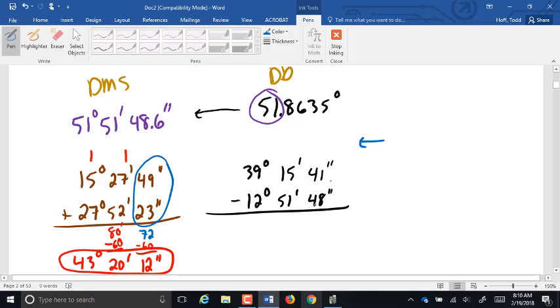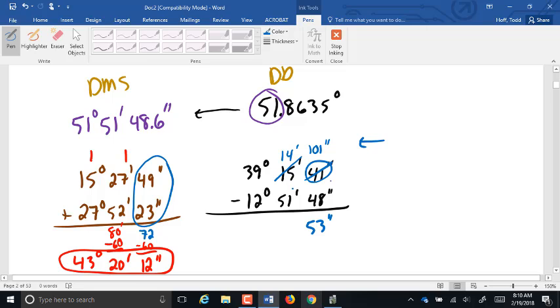Here I have 41 minus 48, can't be done, so I need to borrow from the minutes. 15 minutes is now 14 minutes. How many seconds are in that minute? 60. So 41 plus 60 is 101 seconds. So 101 minus 48 is 53 seconds.